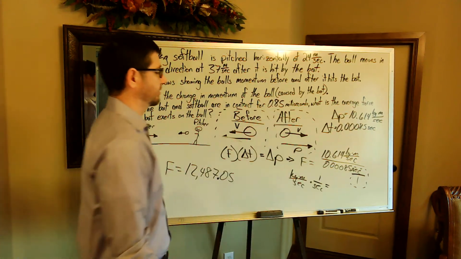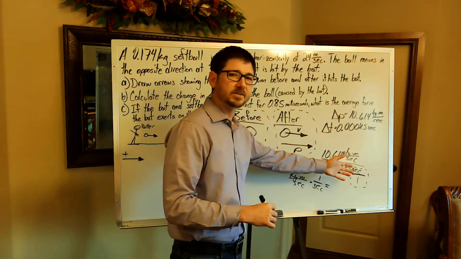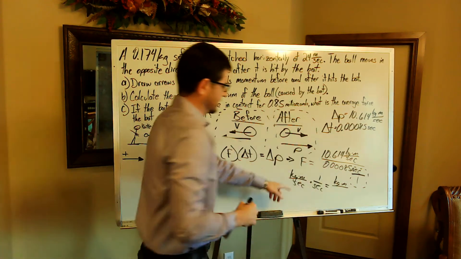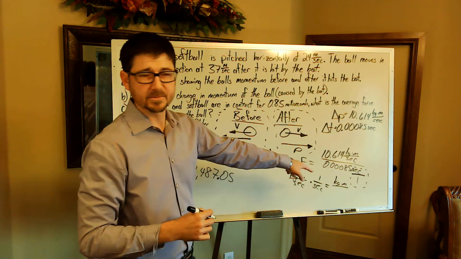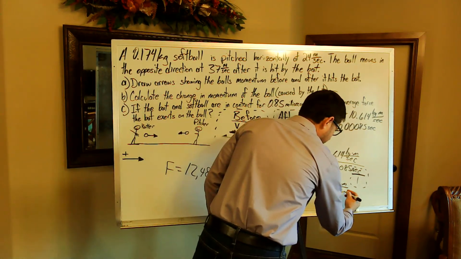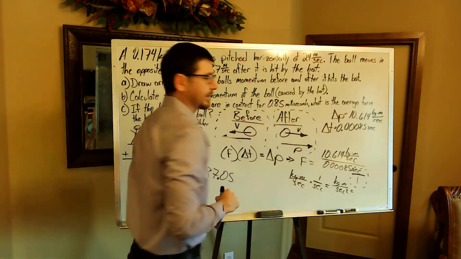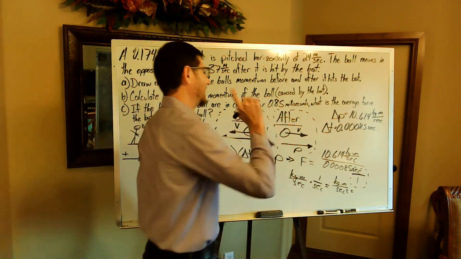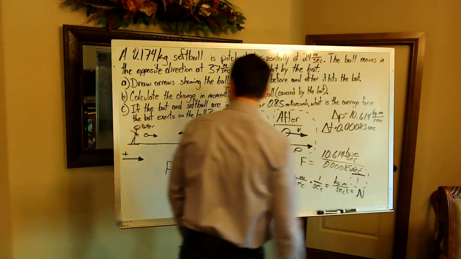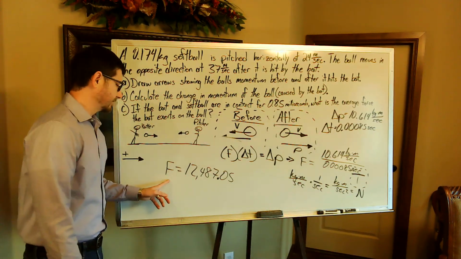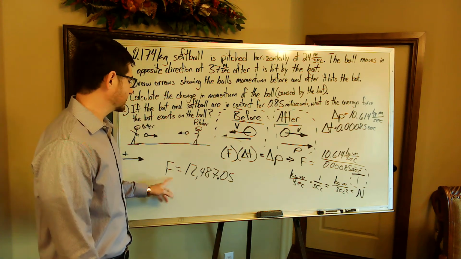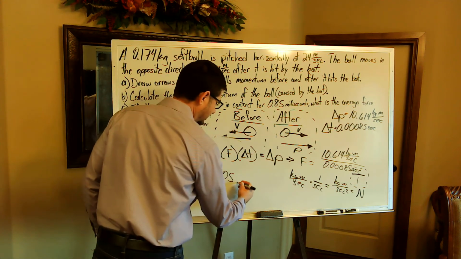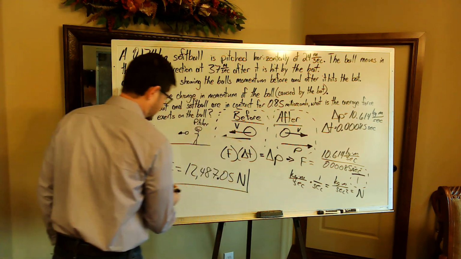When we multiply our fractions straight across, in my numerator I have kilogram meters, and in my denominator I have seconds times seconds, which is seconds squared. And what is a kilogram meter per second squared? That is a Newton. So our answer, the force applied by the bat to the ball, is 12,487.05 newtons.